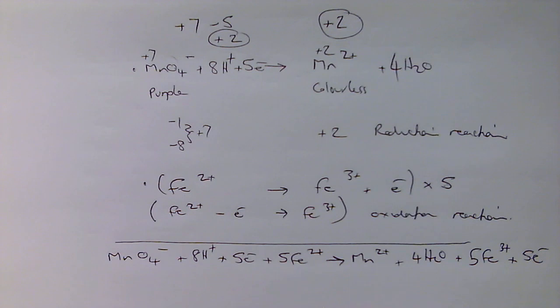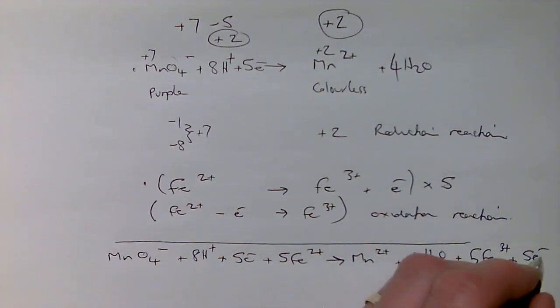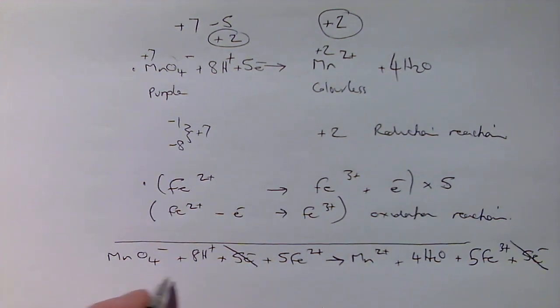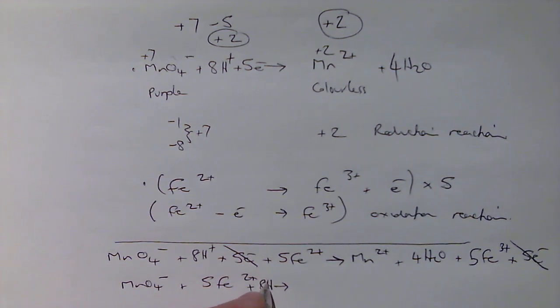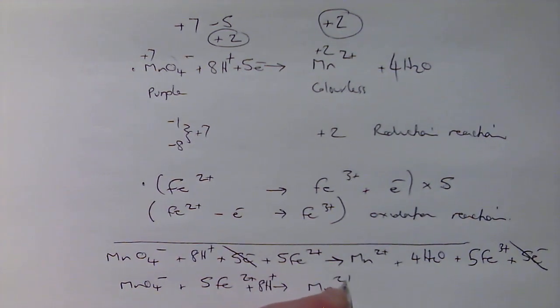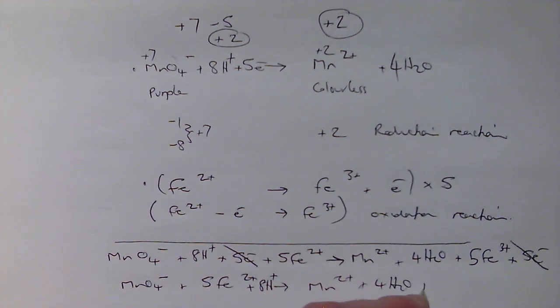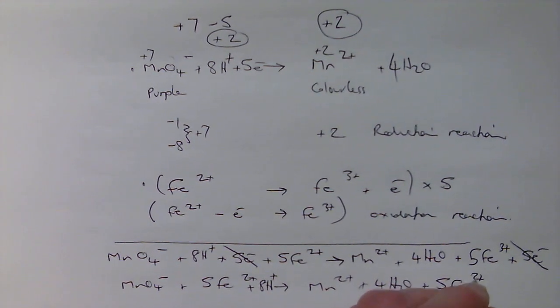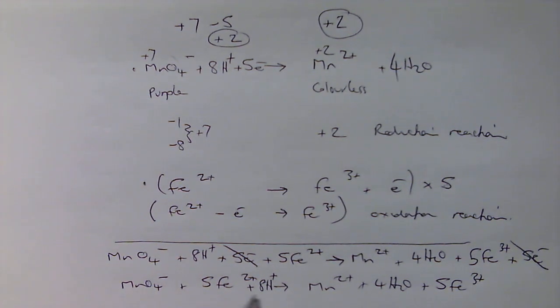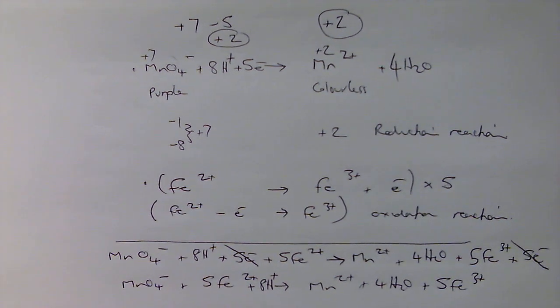The left side is gaining 5 electrons, and there are 5 electrons on the right side, so I can cancel those out. My overall equation is MnO4 minus plus 5 Fe2 plus plus 8H plus goes to Mn2 plus plus 4H2O plus 5 Fe3 plus. Let's check that's balanced. Mn, yes. 4 O's, 4 H2O's, 8 H, yes. 5, that's good, perfect.